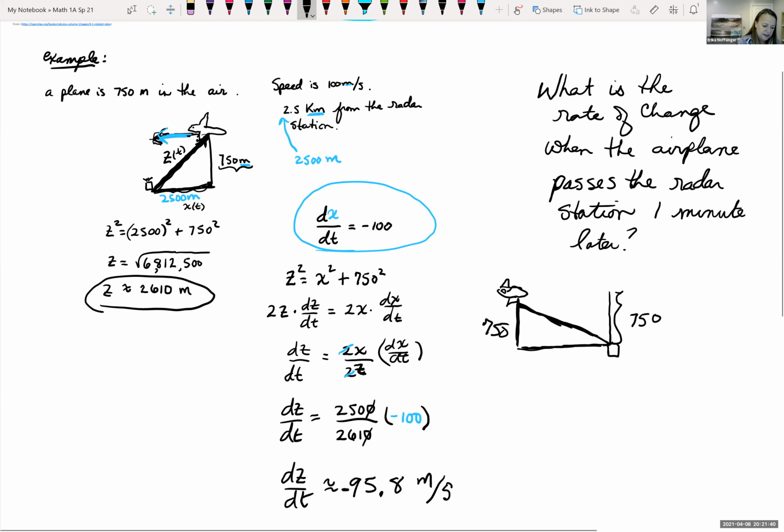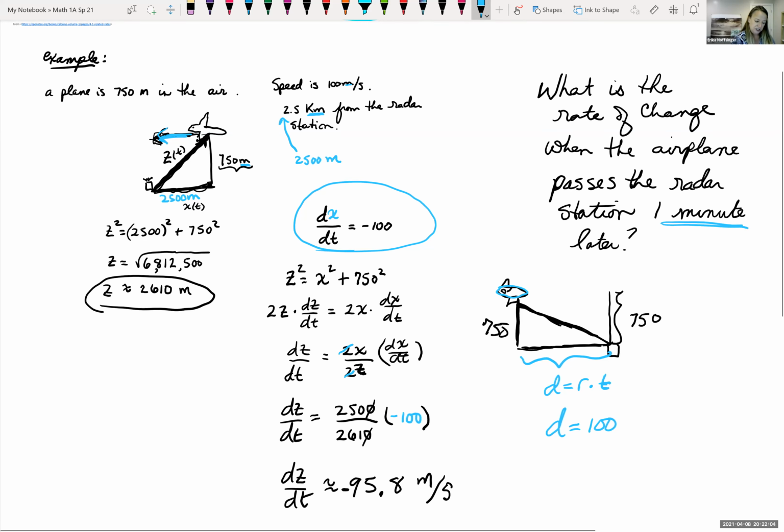We can figure out what this distance is. We know distance equals rate times time. The rate that this plane is going was 100 meters per second. So our distance is going to equal 100 per second, and our time here was 1 minute.